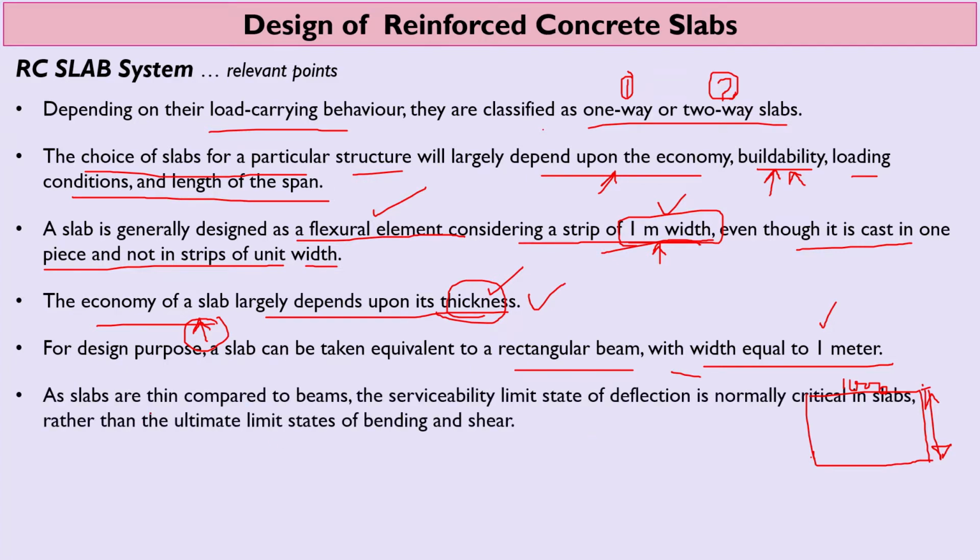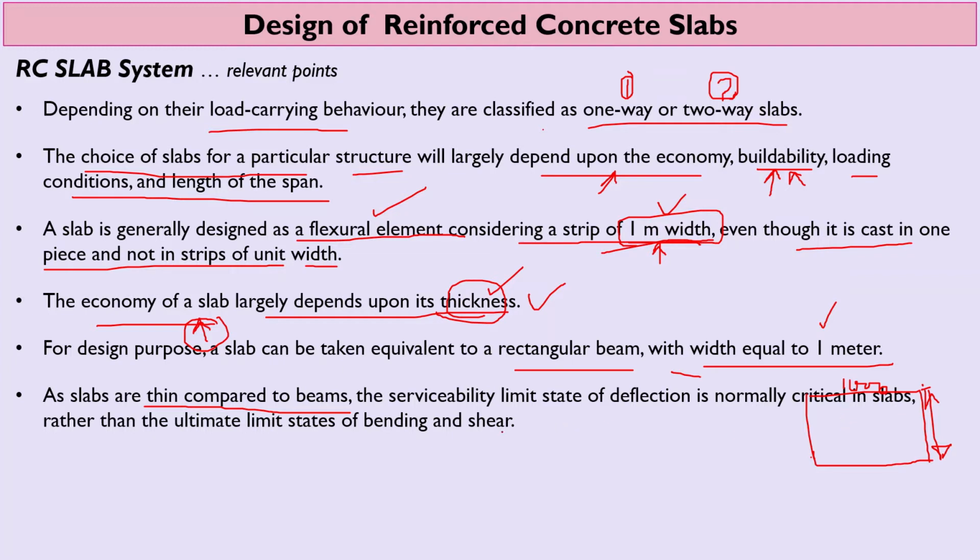Now, as we are going to discuss, slabs are thin compared to beams, having comparatively lesser depth. You may have designed various types of beams, and their depth generally varies from 400 to 450, 500, 550 and so on.